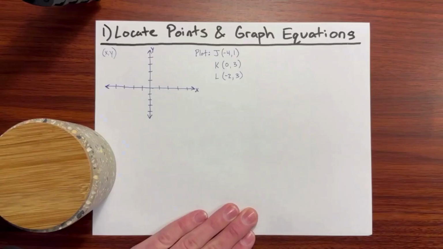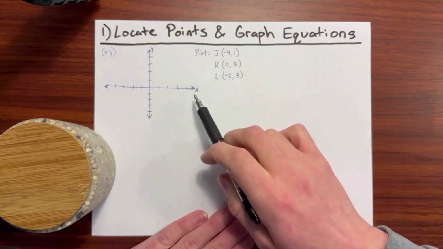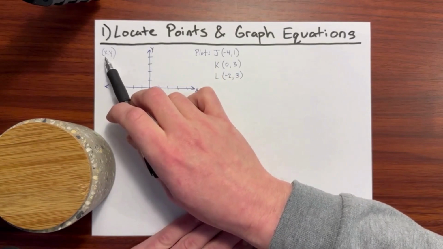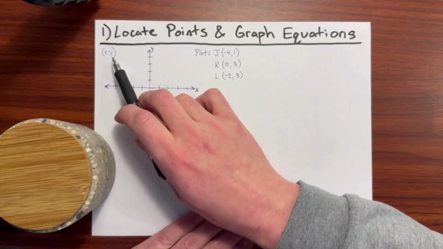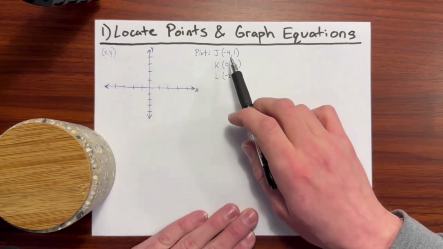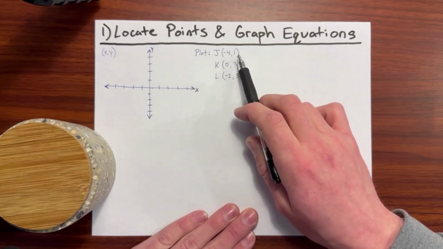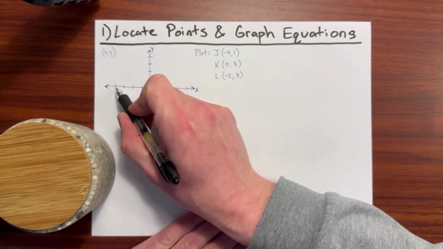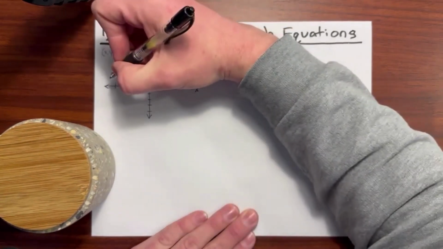Number 1, locate points and graph equations. Let's plot 3 points. We have the x-axis and y-axis, and when looking at points, the x variable will come first, followed by the y variable. So when we have -4, 1, we'll move back 4 on the x-axis and up 1 on the y-axis.